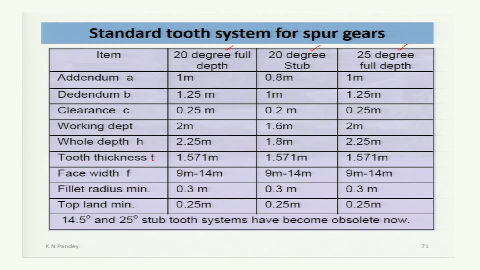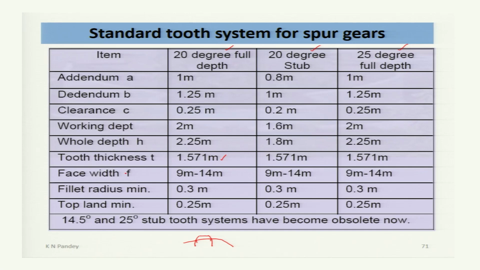Tooth thickness T is measured along the pitch circle. So if this is the pitch circle, then along the pitch circle this circular distance is called the tooth thickness. So standard tooth thickness for 20-degree full depth is 1.571 times module, and so on for the case of 20-degree stub and 25-degree full depth.